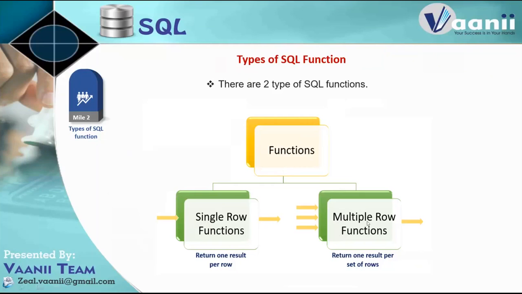Whereas multiple row functions take n number of inputs and return m number of outputs; the number of input rows may or may not be equal to the number of output records.